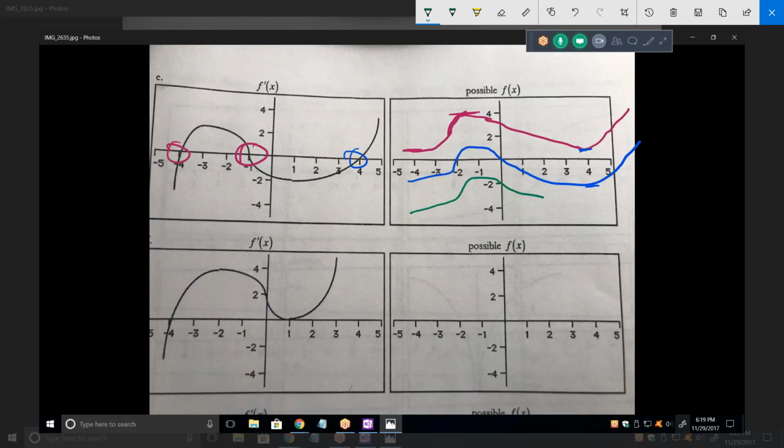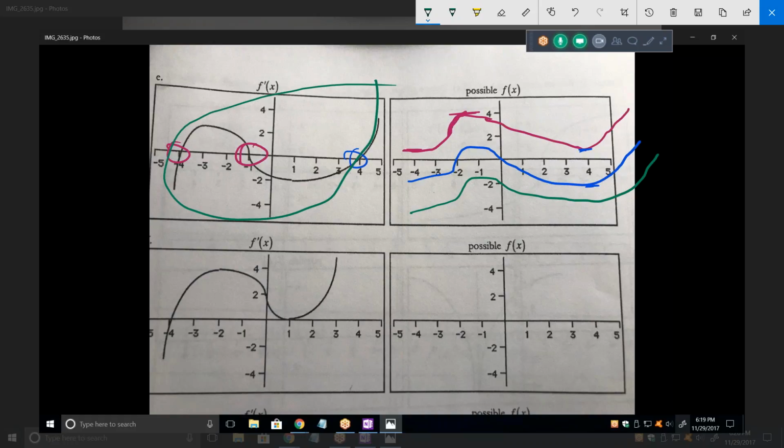Isn't that because when you take the derivative, the constant in the function just goes away? Yes. Exactly. In other words, the only difference between these three functions, the red, the blue, and the green, is a constant vertical shift. Right. And when I take the derivative, that constant vertical shift disappears. So when I have a derivative function and I'm trying to figure out the original function, I actually can get a perfect shape of the original function.